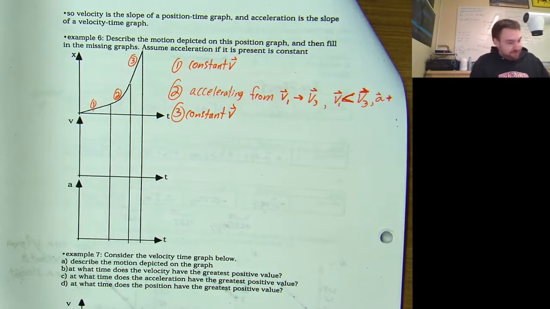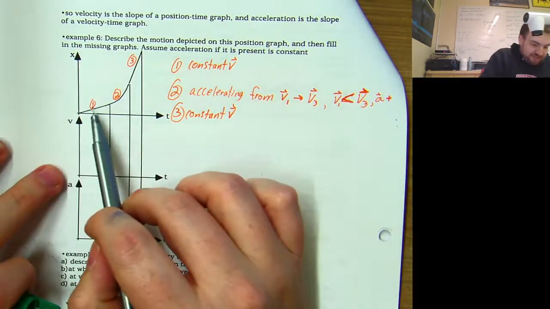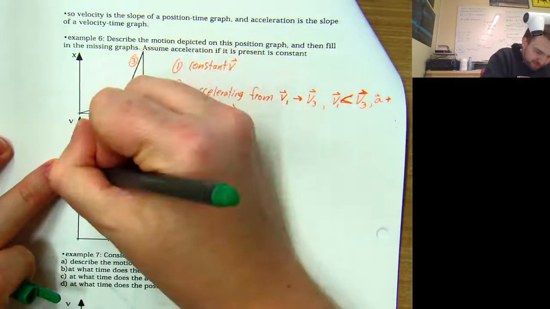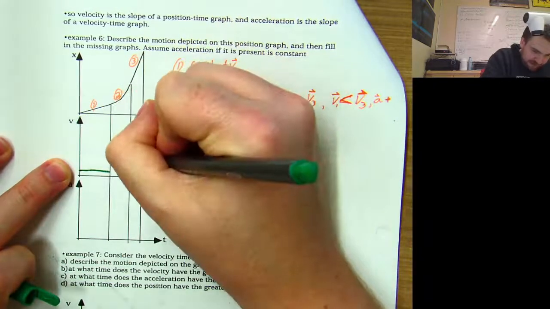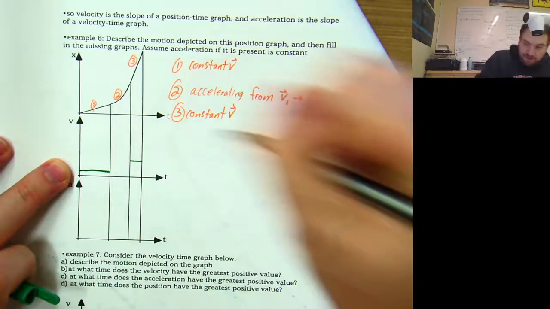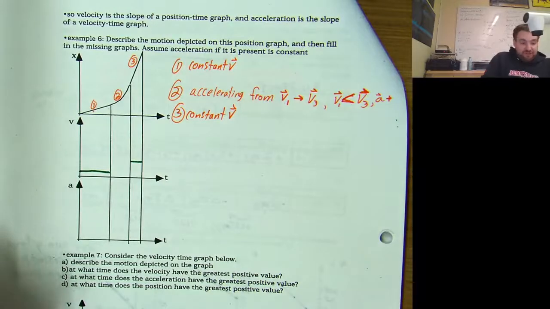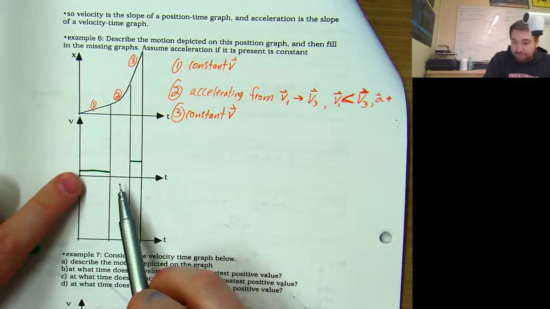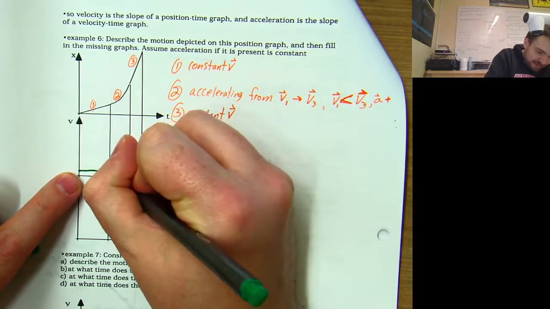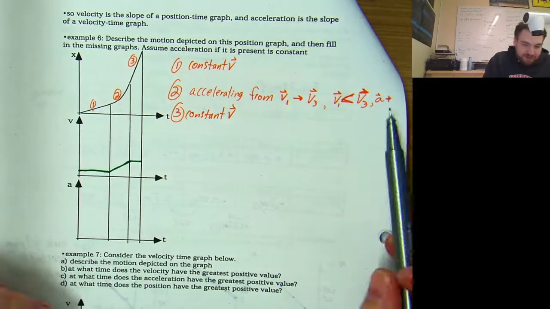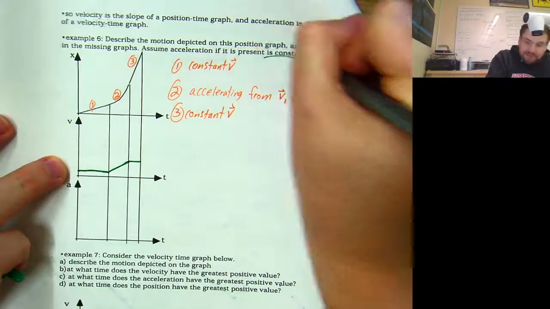So let's do this. Constant velocity for chunk 1 looks like that. And 3 is bigger. So there we go. It's constant velocity, so it's flat lines on a velocity graph. And we know that the acceleration is positive, and we were told that we were to assume that it's constant.